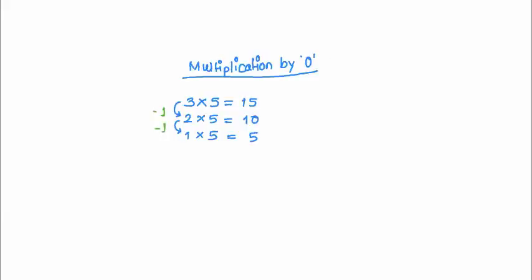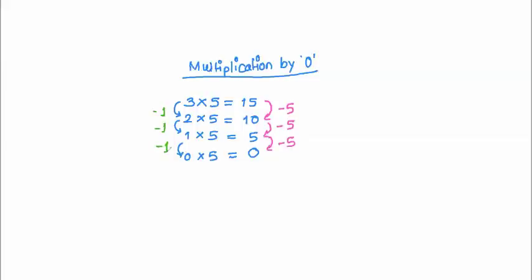And we see here that the answer changes by -5. Now, what will happen when we change from 1 to 0? The answer has to change from 5 minus 5. 5 minus 5 is 0. So the answer also changes by -5 as we change the multiplier by -1. So 0 multiplied by 5 will give 0.